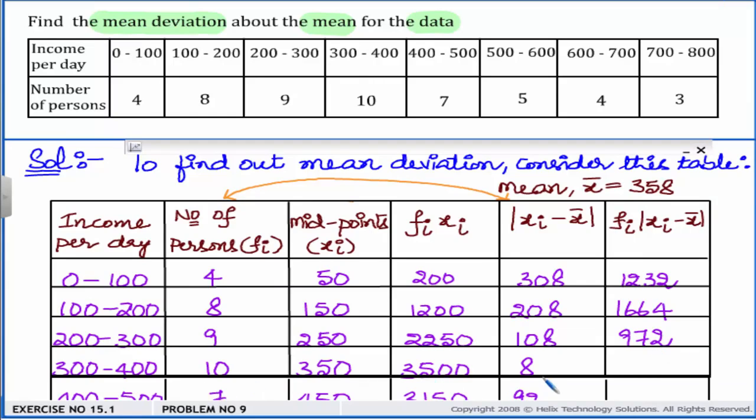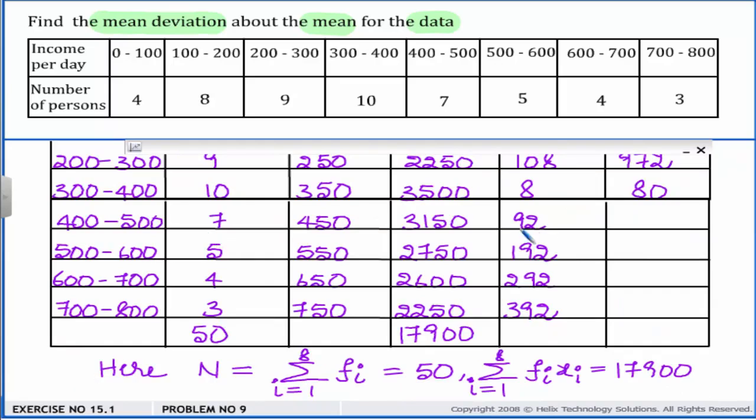10 into 8, which is equal to 80, and here 7 into 92, that is 644, 5 into 192 is equal to 960, 4 into 292 is 1168, and the last one, that is 3 into 392 is equal to 1176.